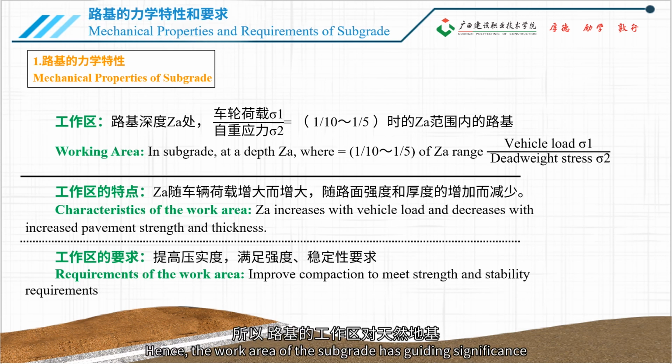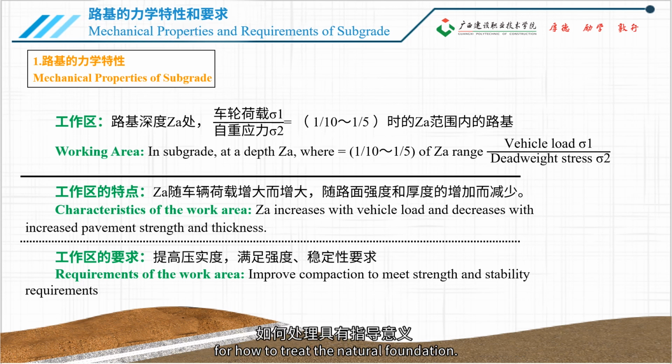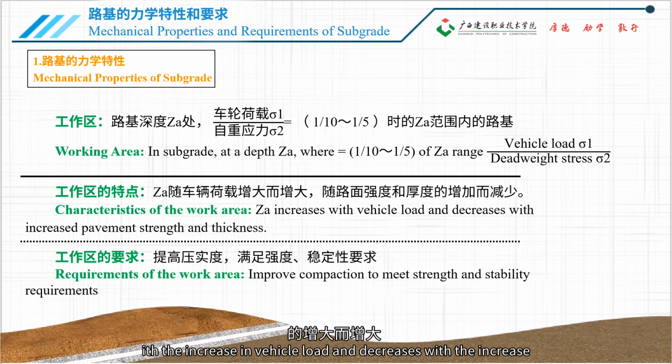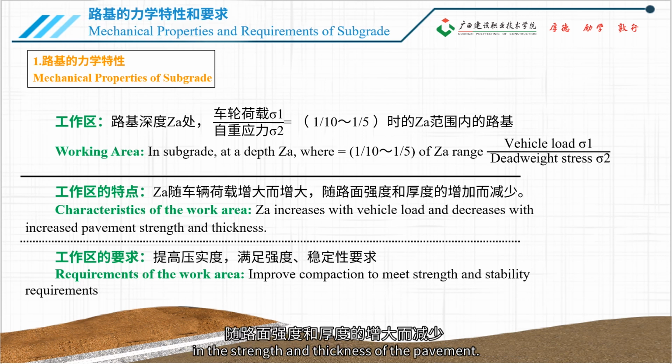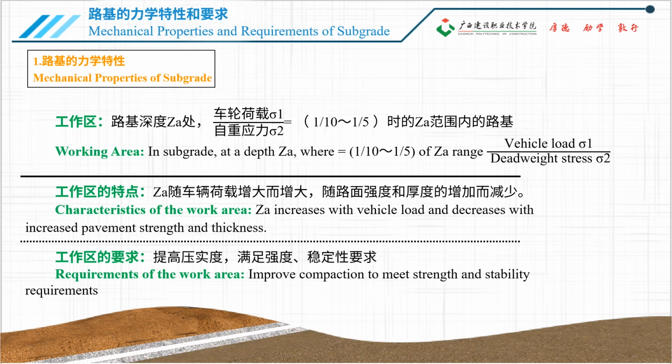Hence, the work area of the subgrade has guiding significance for how to treat the natural foundation. The work area of the subgrade increases with the increase in vehicle load and decreases with the increase in the strength and thickness of the pavement.